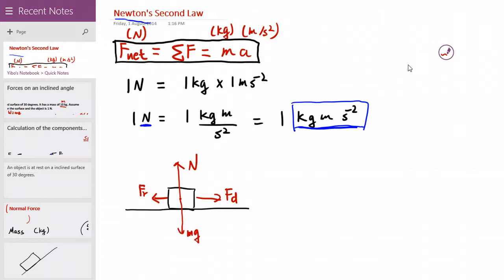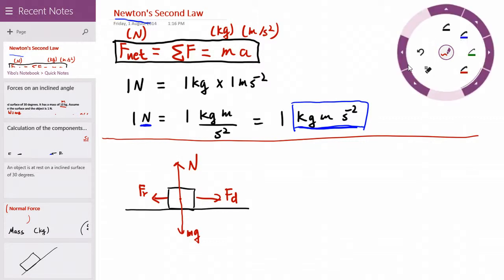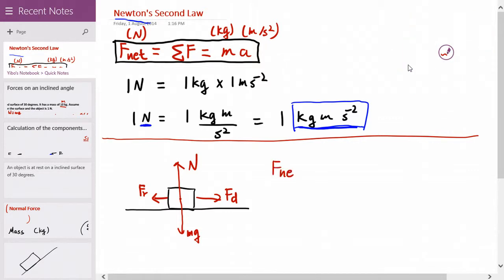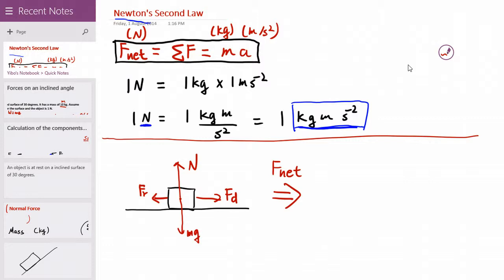Now, since this system has a net force to the right, you also need to draw a direction for the net force to the right. This is like the second part of your diagram.